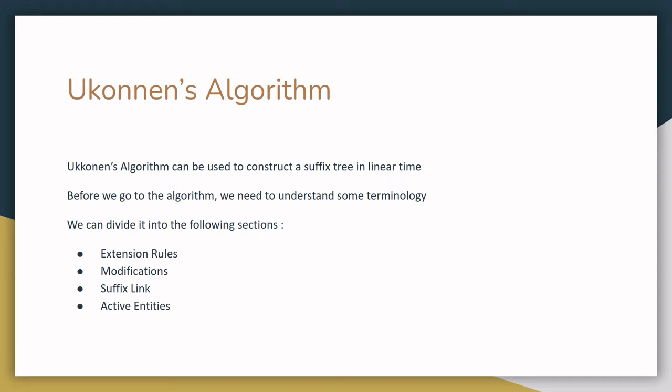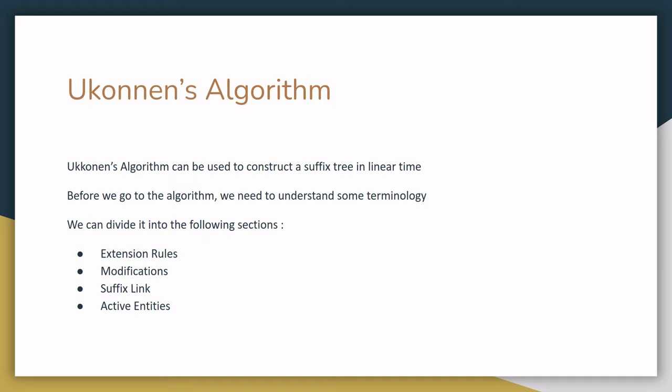A suffix tree can be constructed in linear time using Ukkonen's algorithm. But before we go to the algorithm, we need to understand some terminology. We can divide this into sections. So first we'll go through extension rules, then some modifications to those rules, then the concept of suffix link, and then the concept of active entities.